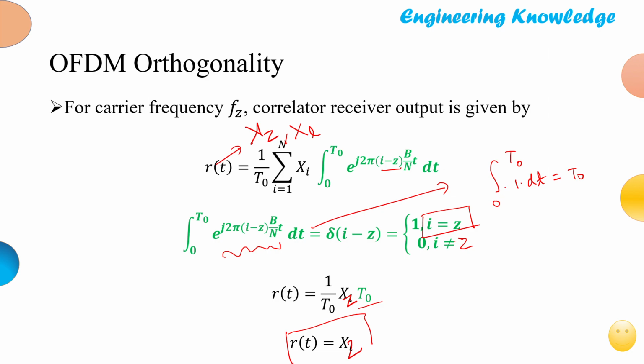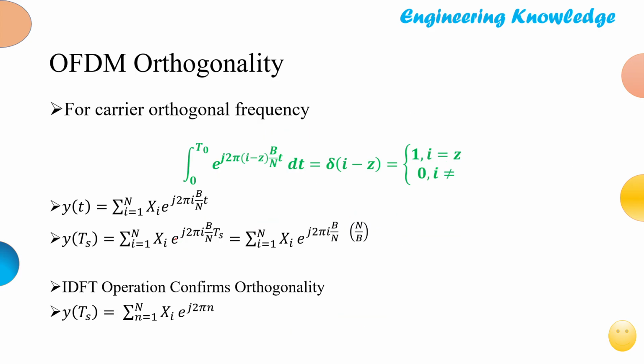So in order to retrieve my original signal from orthogonal signals, this is the criterion that needs to be satisfied. Which signal can possibly be used? You can understand that y(t) was the summation i equal to 1 to N of x_i e raised to the power j 2 pi i B n by t. If we take Ts, what is Ts? Ts is basically 1 upon fs, the sampling frequency, and what was my sampling frequency?